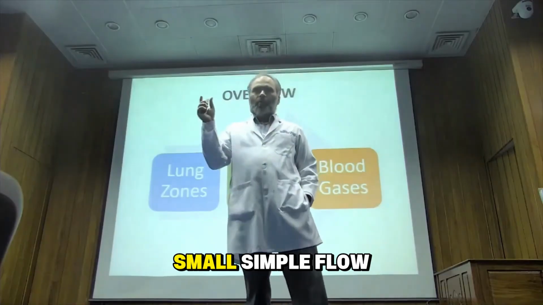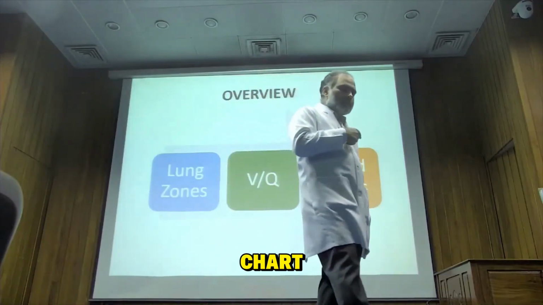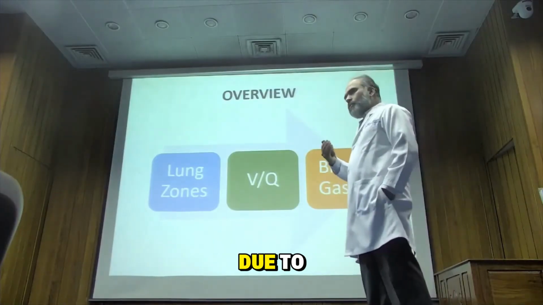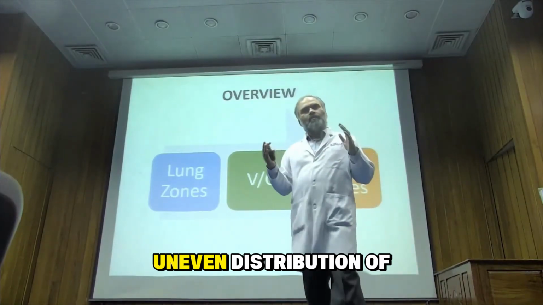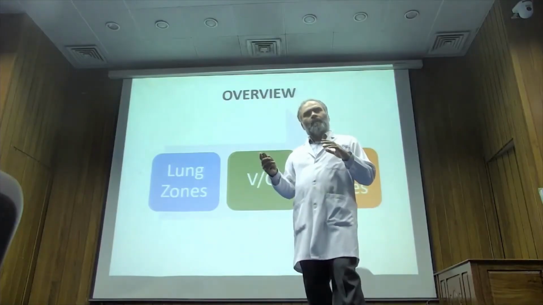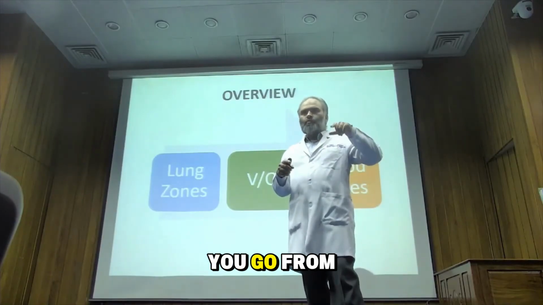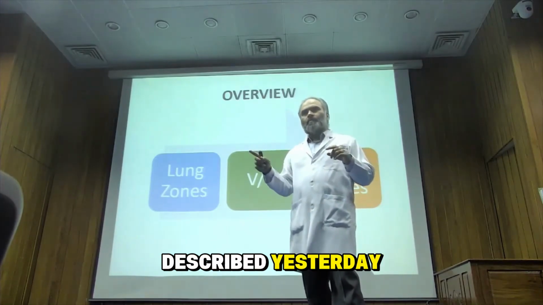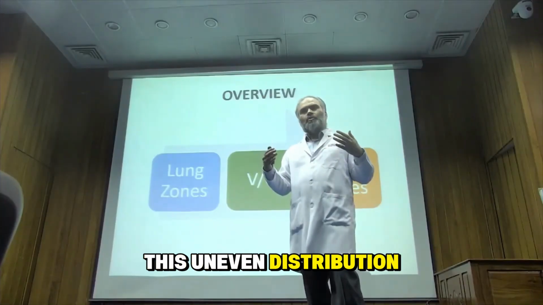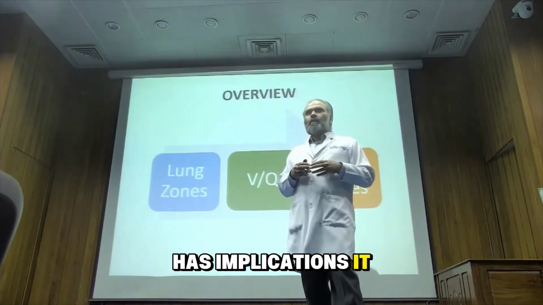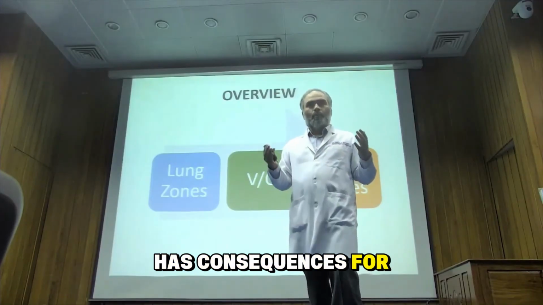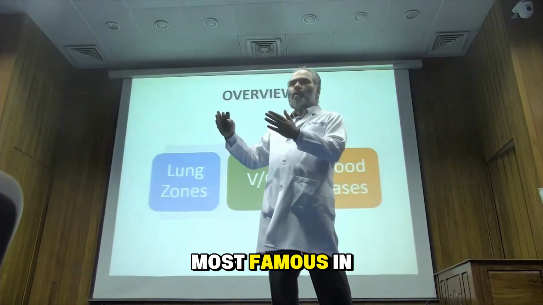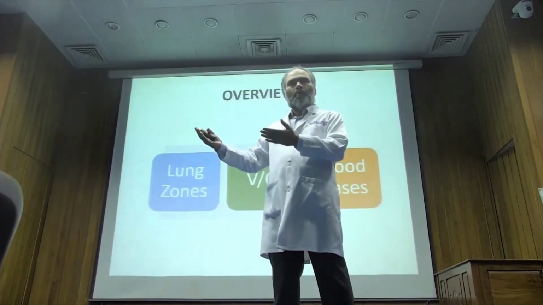Remember this very small, simple flow chart or flow of concepts. Due to uneven distribution of blood and air throughout the lung as you go from base to apex, as described yesterday, this uneven distribution has consequences for what the lung is most famous for doing, gas exchange.